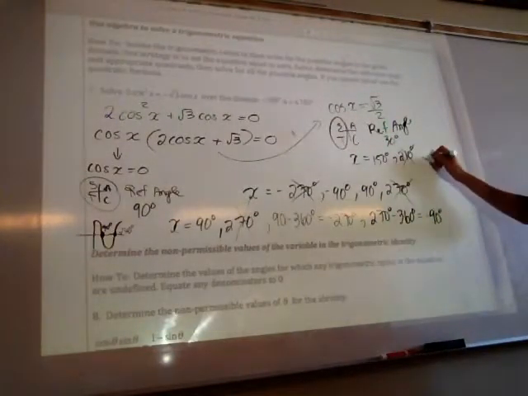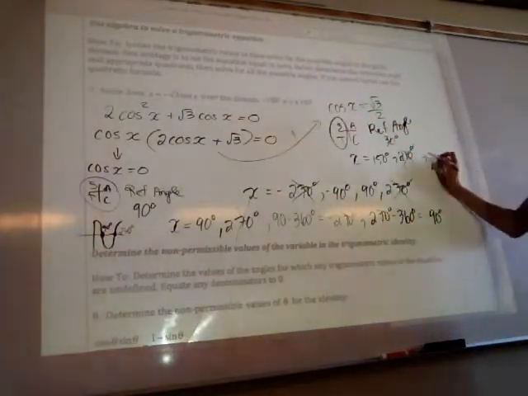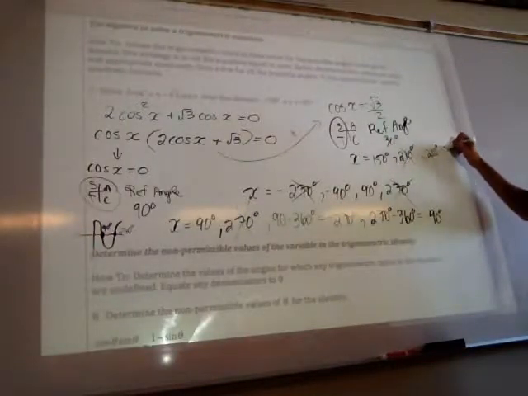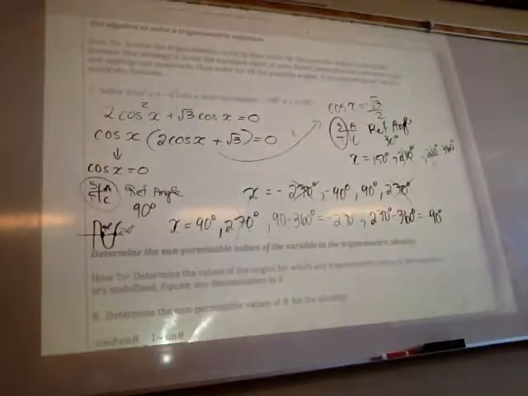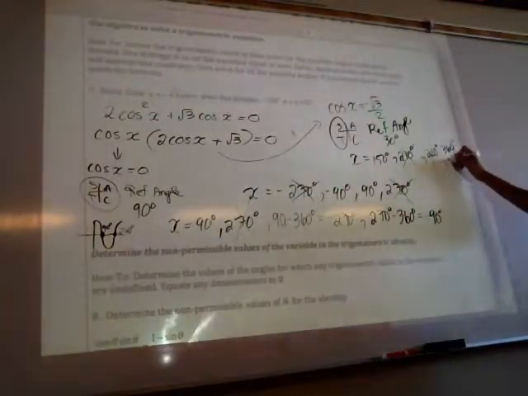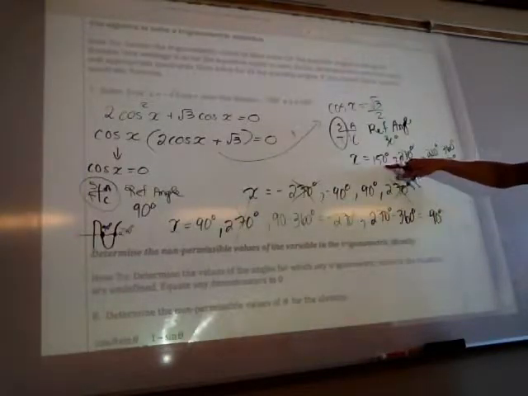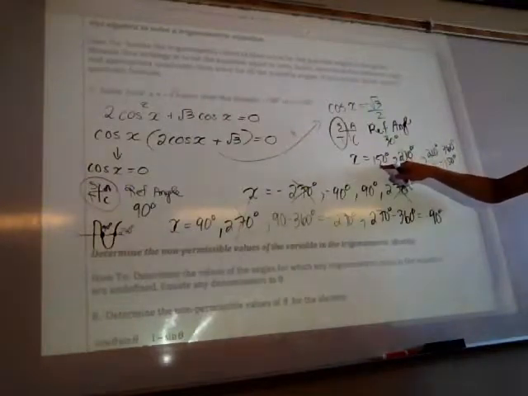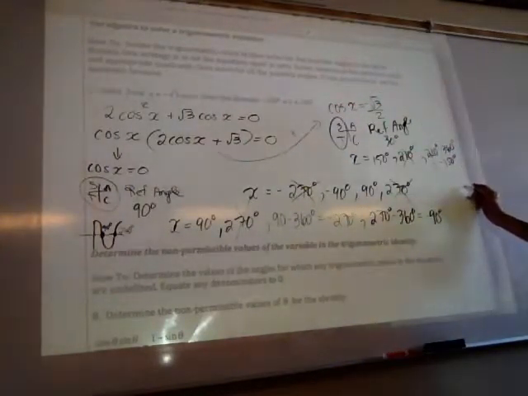But we need to find some coterminal angles to get into the negative degrees. So 210 minus 360 gives me negative 150 degrees. Okay, that fits in the domain. And we can test it: 150 minus 360 degrees gives me negative 210, which is outside of the domain, so I don't even need to include that.